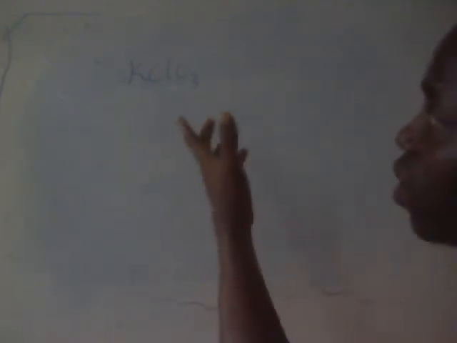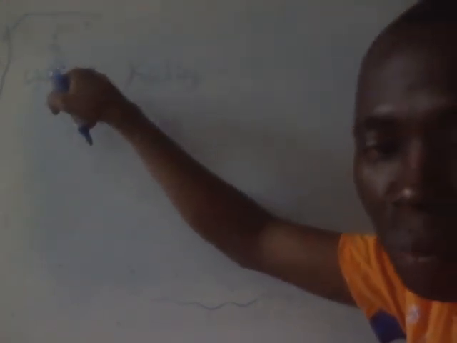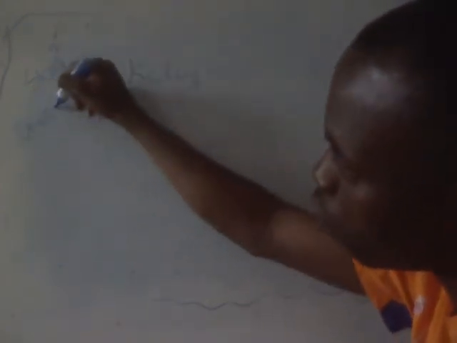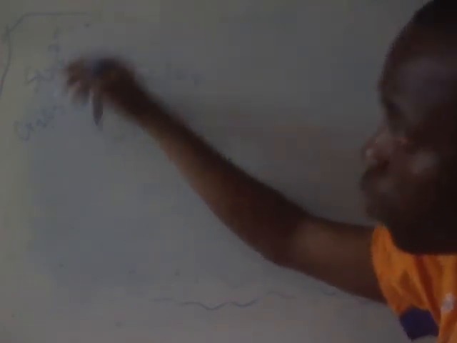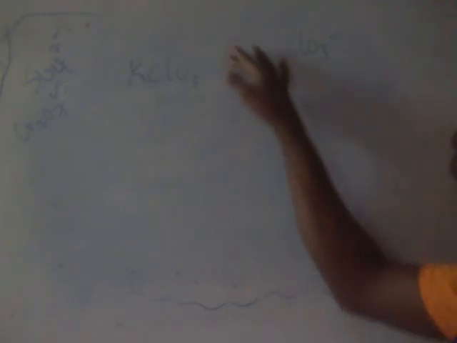You add the oxidation numbers of all the elements and equate to 0 for a neutral compound. But if it's like SO4 2-, you equate the sum to -2. If it is ordinary ClO3-, you equate the sum to -1. But if it's a compound like this with no charge, you equate everything to 0.